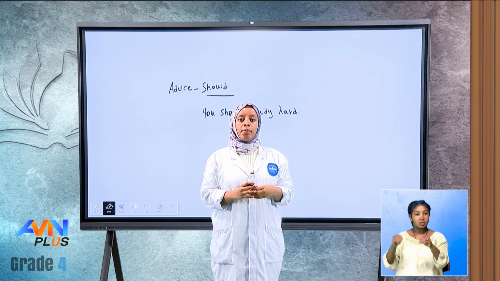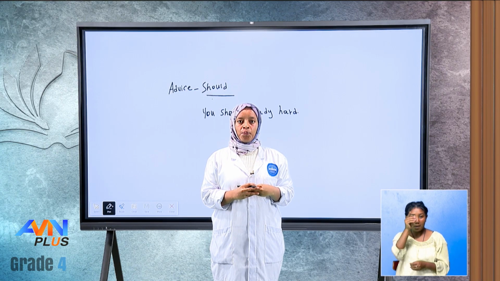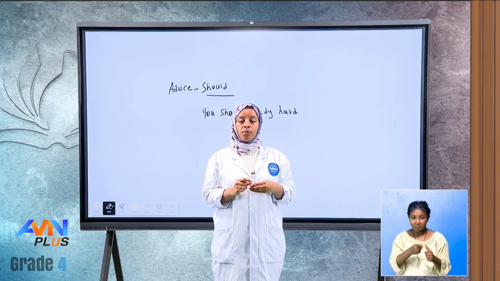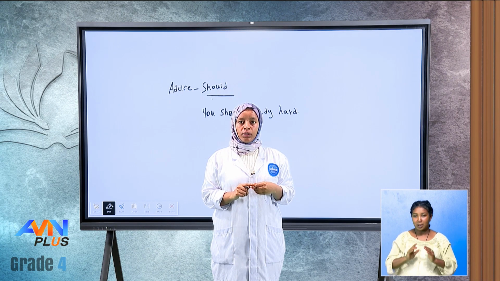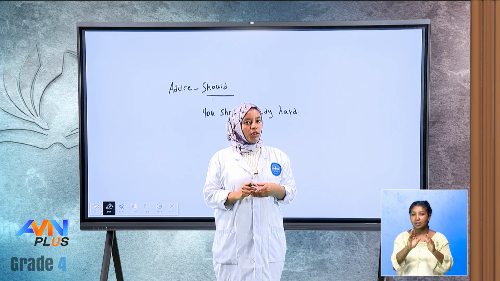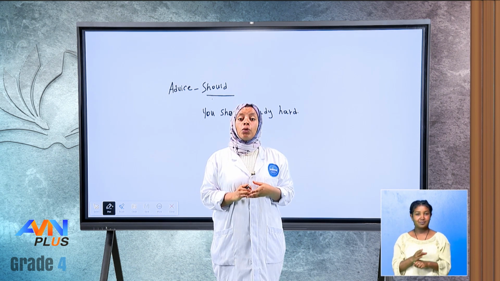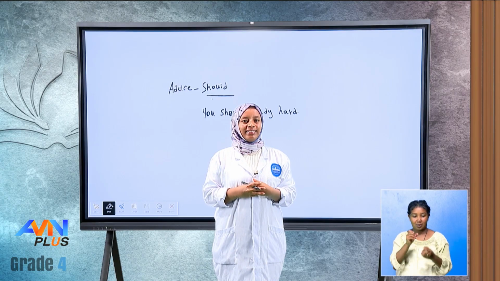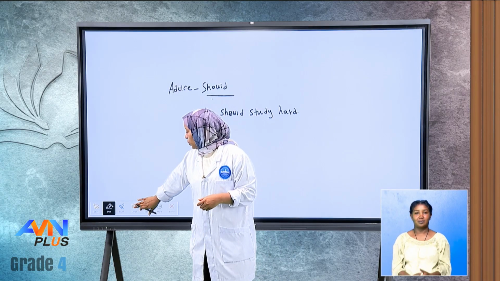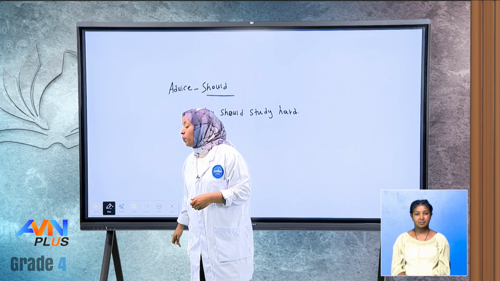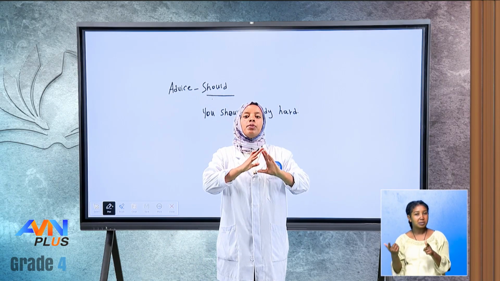Students, we were discussing about what? The first one was permission and obligation, and also here advice, and also what? Ability.